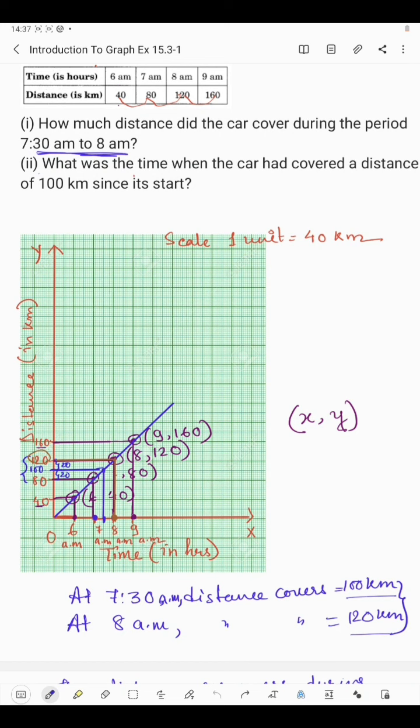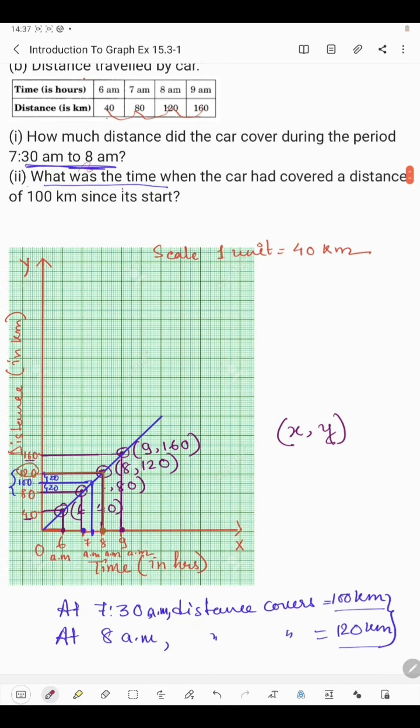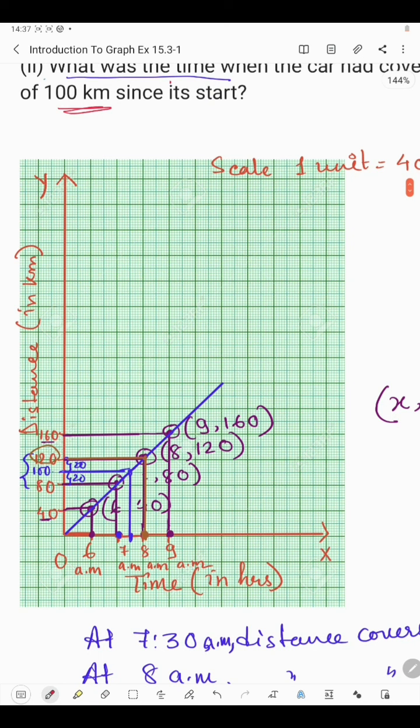Now in the next part we have to find the time when the car had covered a distance of 100 kilometers since its start. Means we have to find the time. Okay. Now here the distance is given, 100 kilometer. Just now we have seen that 100 is in between 80 and 120, right? Now at what time does it cover 100 kilometer distance?